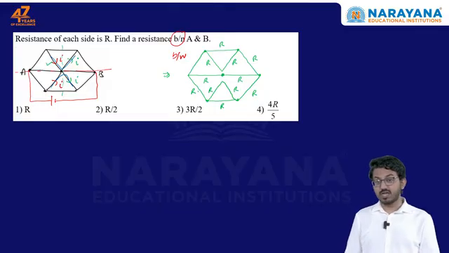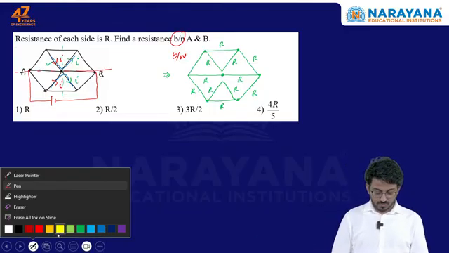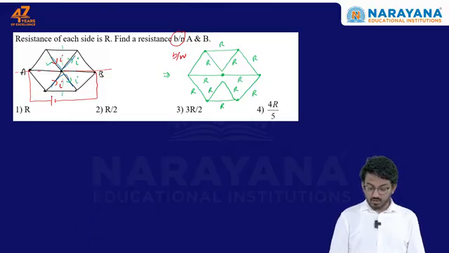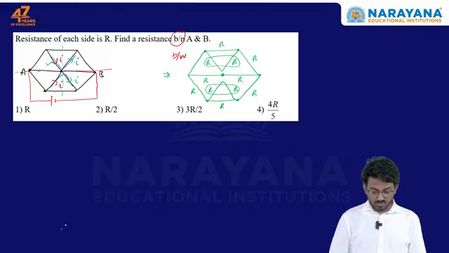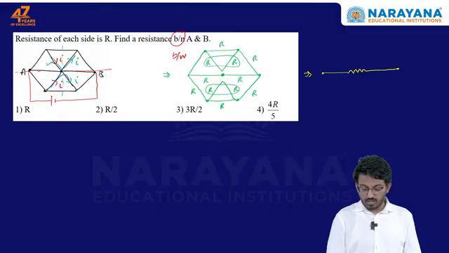Now as you can see, this diagram is a bit simpler to solve. Looking at this, here these two resistors are in series. So R and R becomes 2R. This R and R becomes 2R. So the new effective circuit diagram can be drawn further as this. And these are also in series.